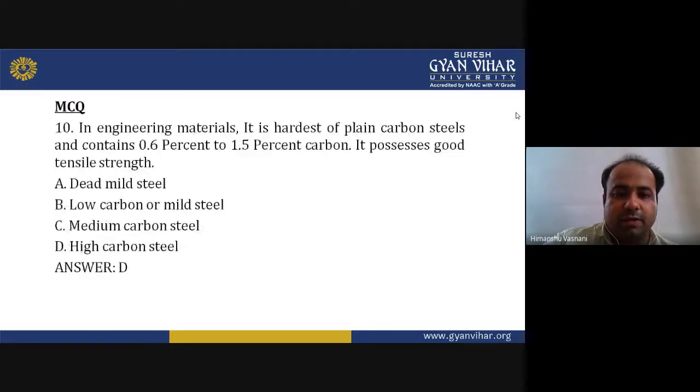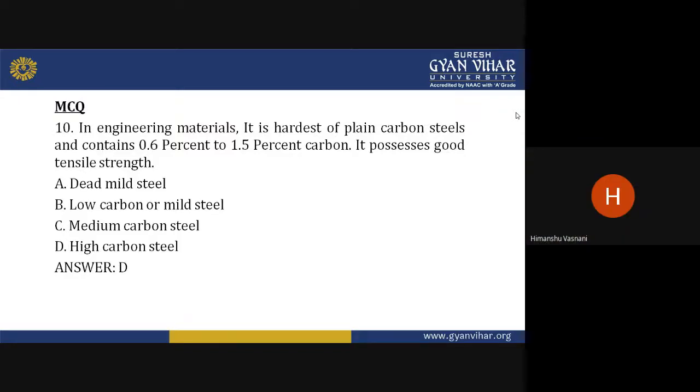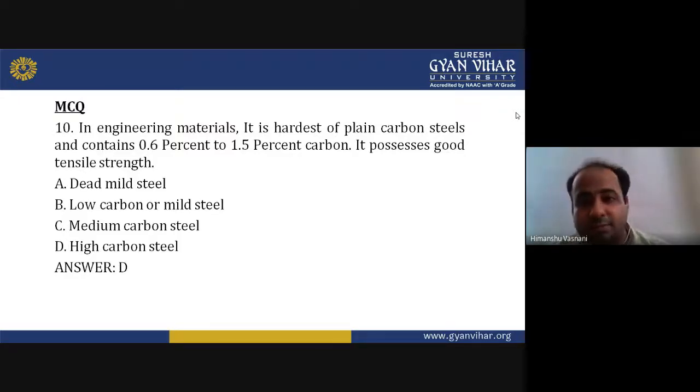So last question: the engineering material that is the hardest of the plain carbon steels and contains 0.6% to 1.5% carbon. Now see the increase in the percentage of carbon. It possesses good tensile strength. So what do we call it? We call it high carbon steel.